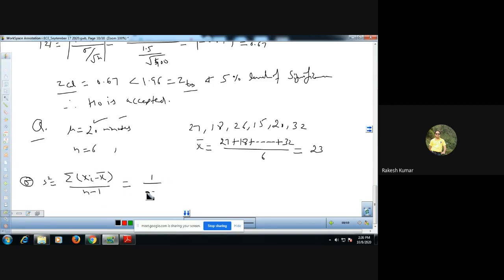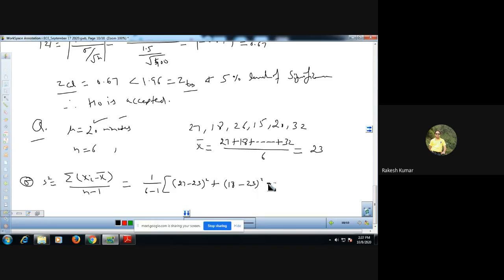So 1 over 6 minus 1. First value is 27 minus the average 23, squared. This is the displacement from the mean, also said to be the deviation from the mean.